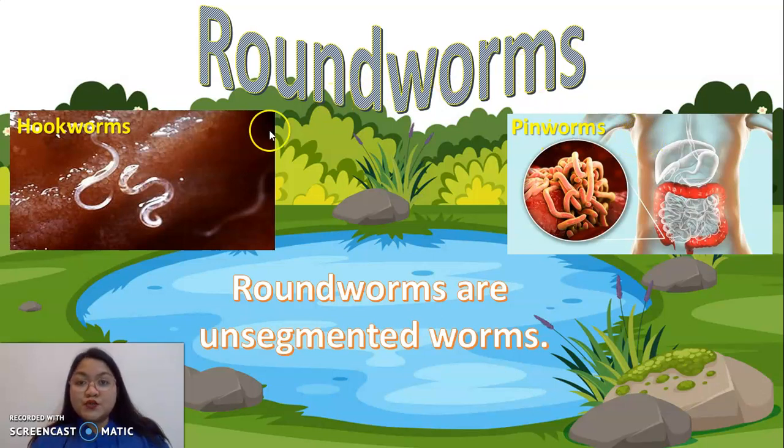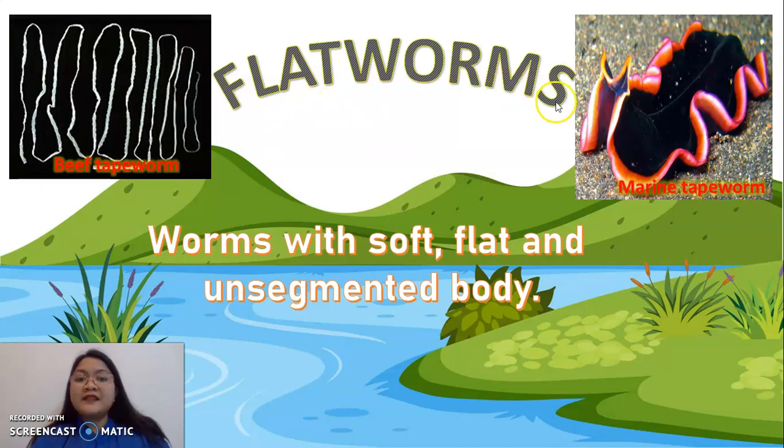So usually roundworms can be seen inside our digestive system. Okay, next, flatworms. So flatworms are worms with soft, flat, and unsegmented body. So this kind of worms can be seen also in fresh waters like lakes and rivers or ponds or stream.